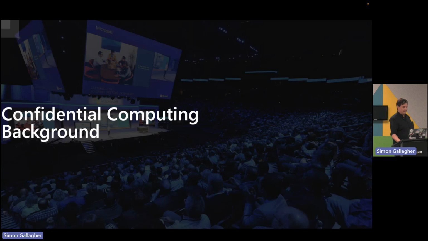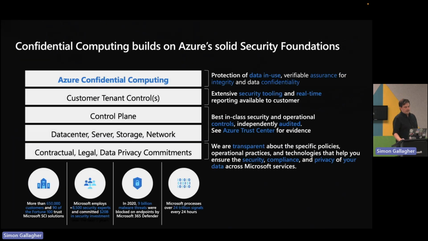They were working earlier. So I use this diagram quite a lot, and apologies to anybody who's worked with me in the past. I always like to try and represent Azure as a kind of stack of technologies put together, going from the bottom up. The bottom is essentially table stakes of an engagement with Microsoft.